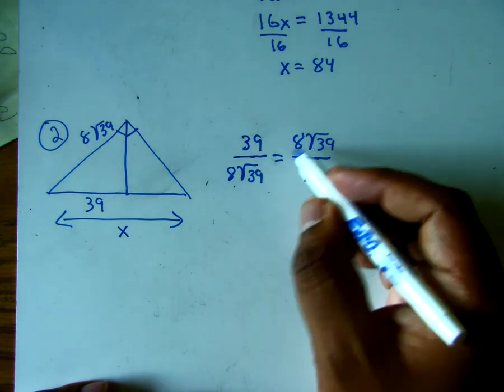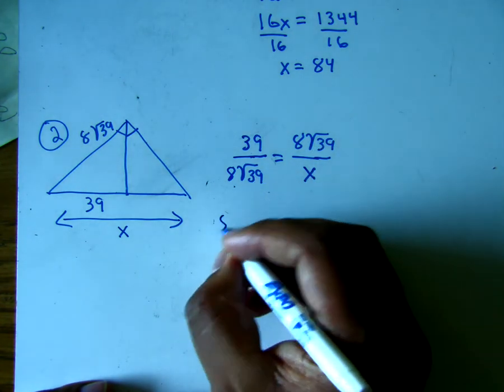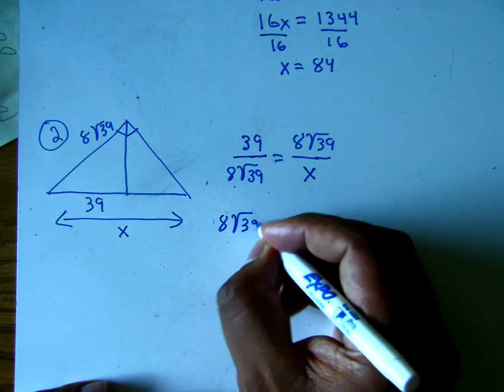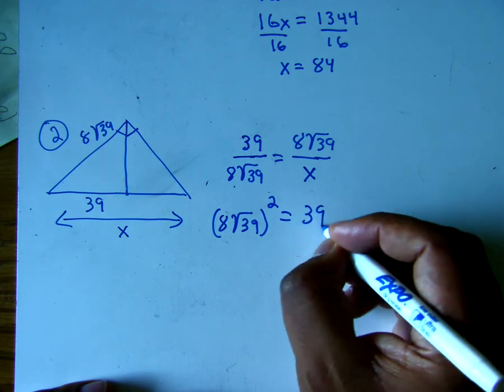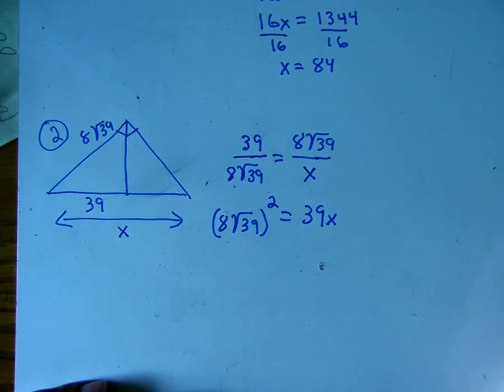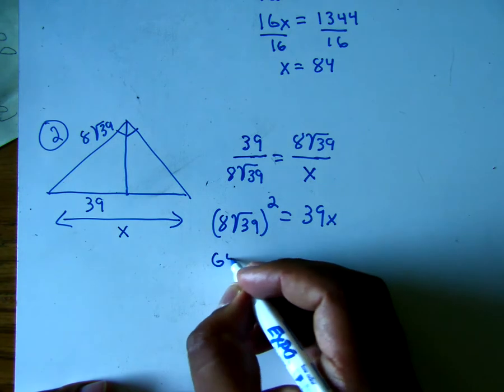So again, we're going to go ahead and cross multiply. And that's going to get us 8 square root of 39 squared is equal to 39x. Now if we do 8 times 8, that's going to get us 64.